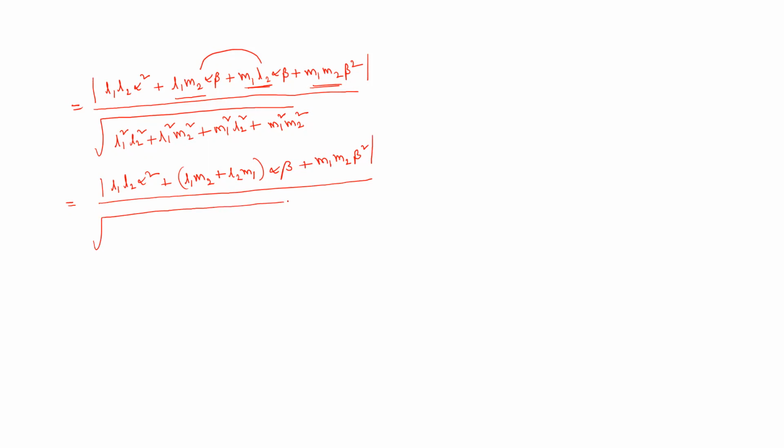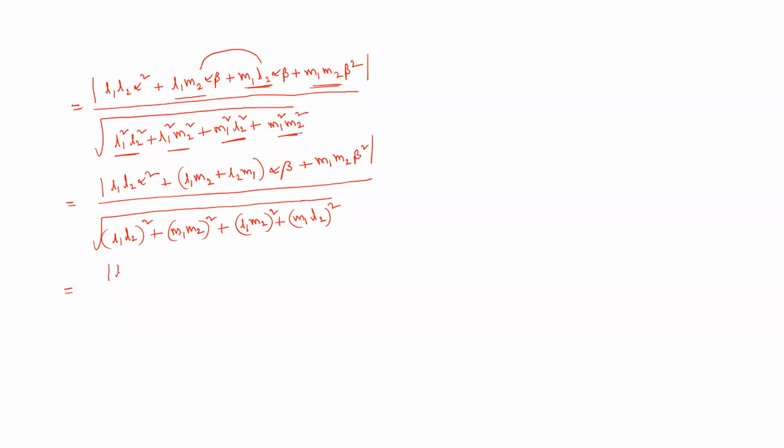Denominator as it is, like the cos theta theorem. L1 square L2 square, L1 L2 whole square, plus next I am taking the last term, M1 M2 whole square. Next, L1 square M2 square, L1 M2 whole square, plus M1 square L2 square, M1 L2 whole square.